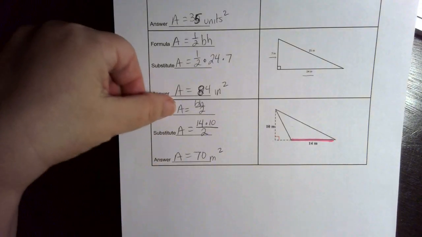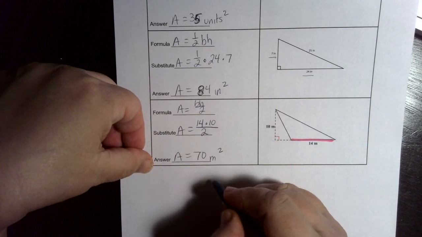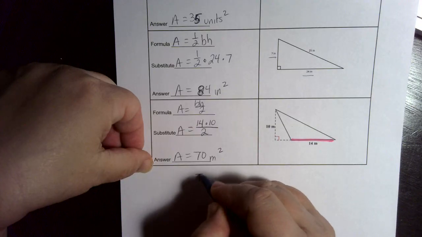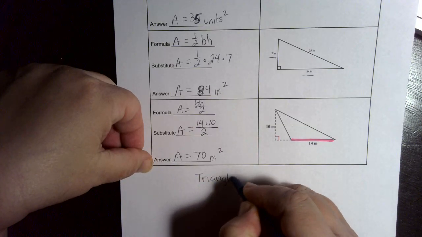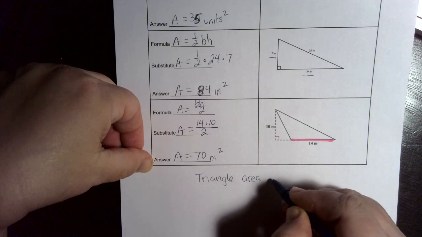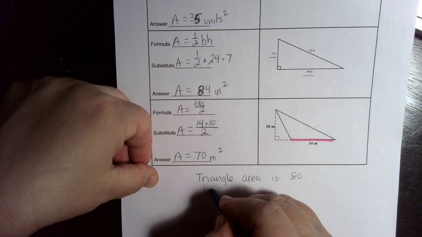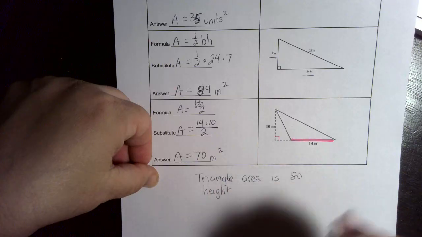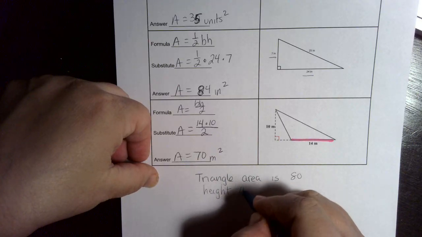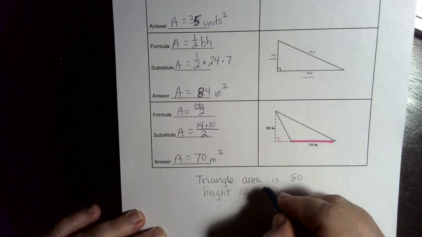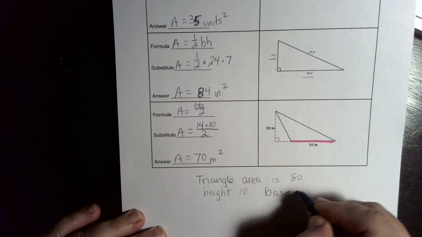What cases would we fill in the A? Well, let's say you're given a triangle and you're told that the triangle area is 80 and the height is 10. And then it wants to know what is the base. So we're looking for the base in this situation.